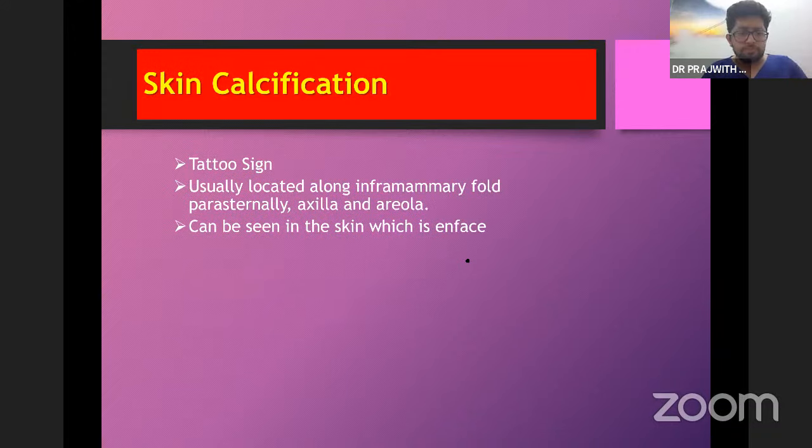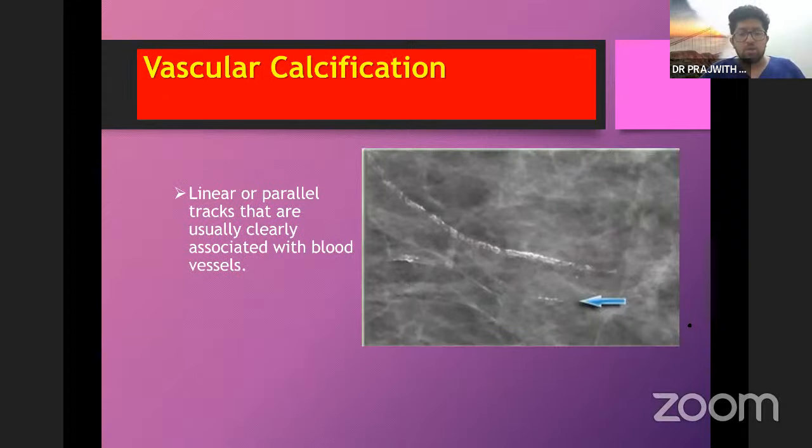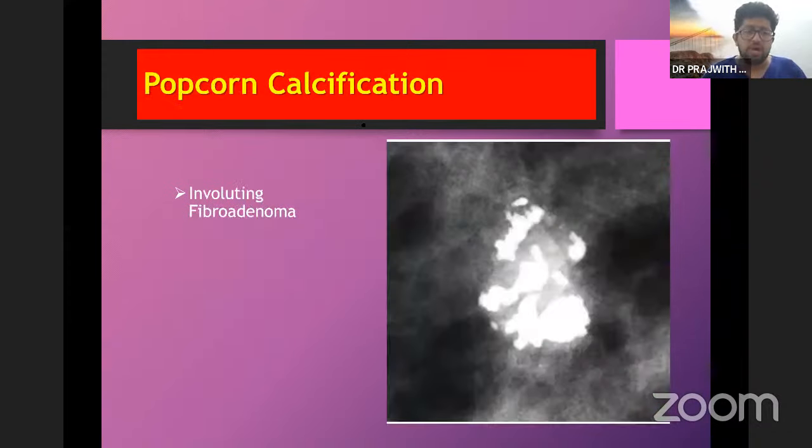Now skin calcification: whenever you see anything like this on the surface of the skin, that will be a benign calcification. You see some tags on the skin, benign calcification. What we are seeing here is a vessel with atherosclerosis, it can be calcified. Now the popcorn calcification is seen in fibroadenoma of the breast, again a benign condition.